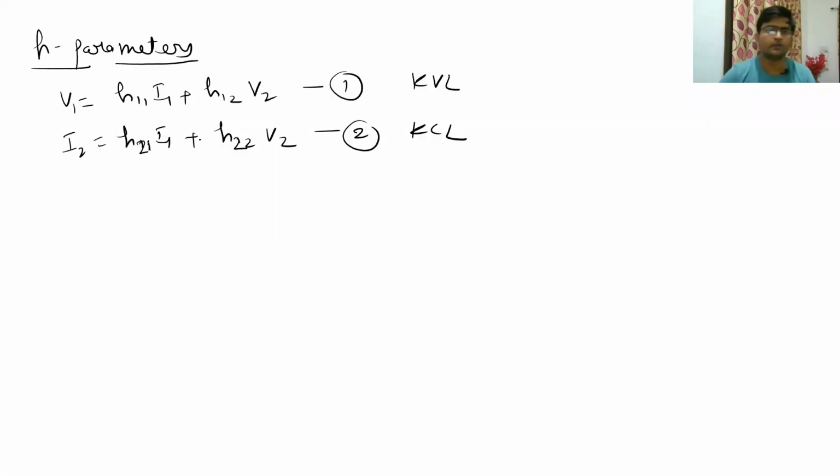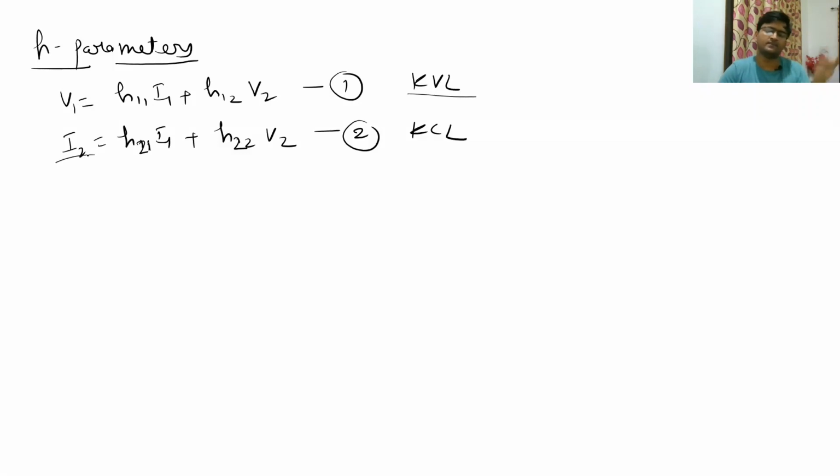Now coming to the H parameters, we have two equations. The first one is a voltage equation, so we can call it a KVL equation, and the second one is the current equation, so we will call it a KCL equation. Since V1 and I2 are two different kinds of variables, and these are dependent variables, we will find some hybrid kind of parameters.